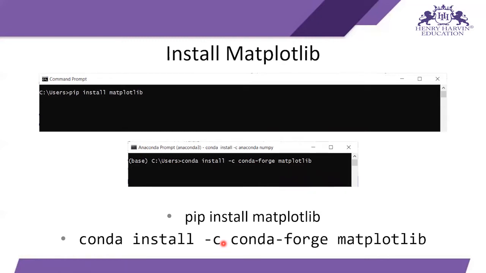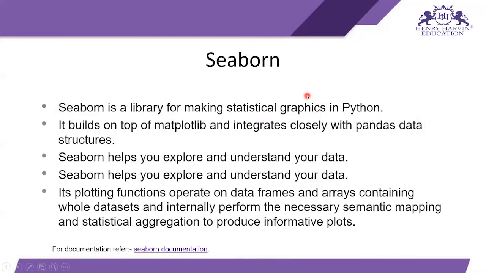And if you are using any environment in your Python IDLE or in your Anaconda, then you have to open your environment and type these commands: pip install matplotlib for the Python IDLE, and conda install -c conda-forge matplotlib for the Anaconda environment.